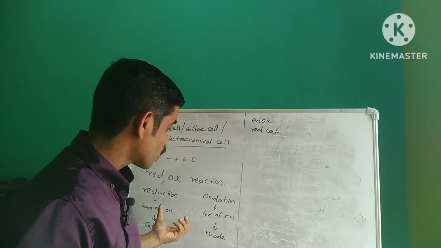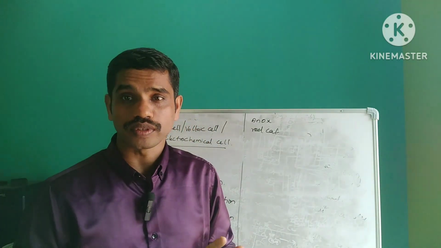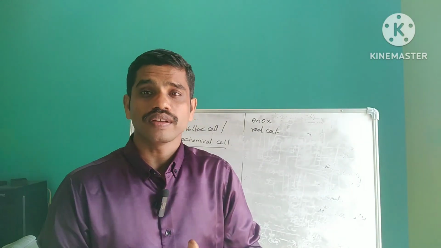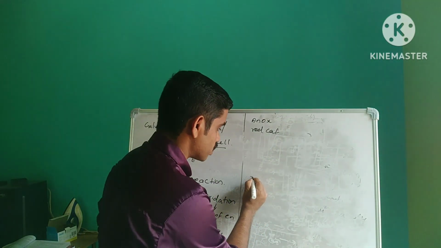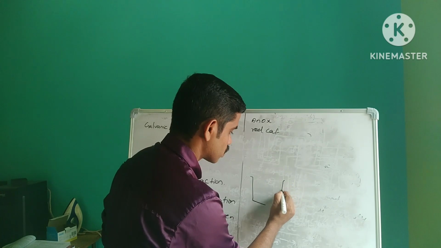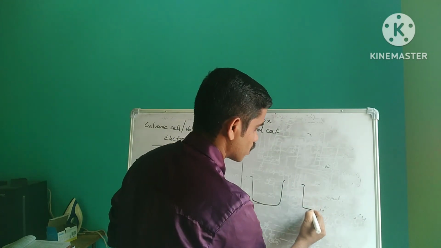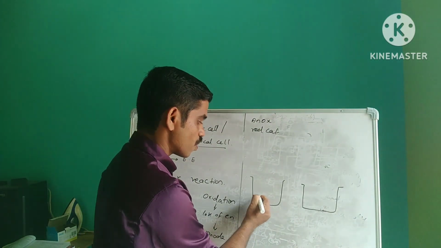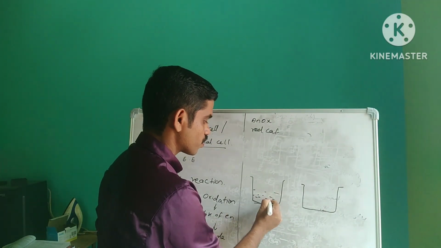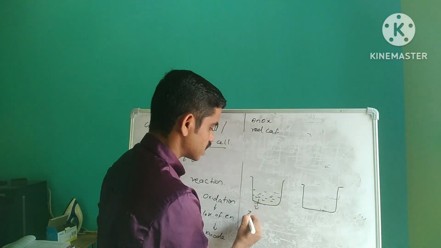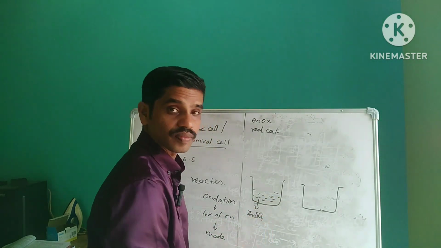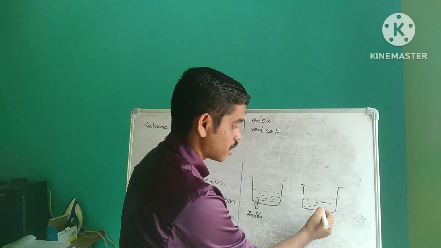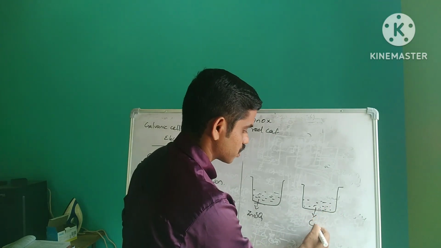Two processes are occurring, so two electrodes are needed, and an electrolyte is also needed. So take two beakers. In one beaker take zinc sulfate solution, and another beaker containing copper sulfate solution.